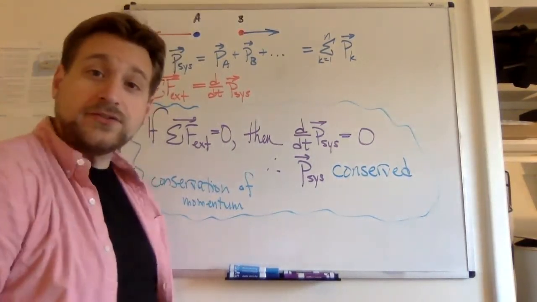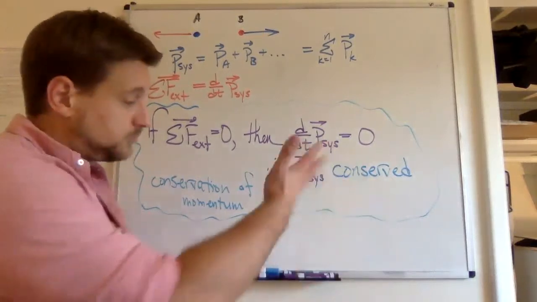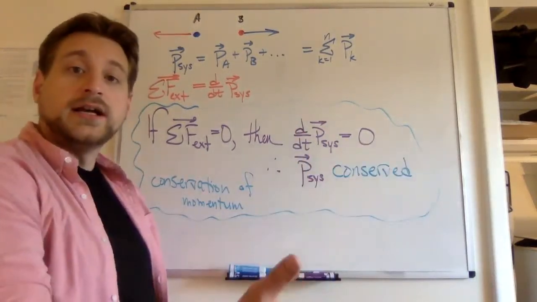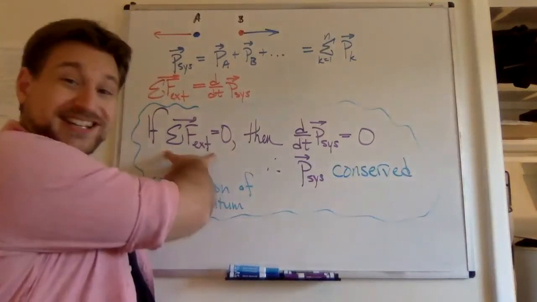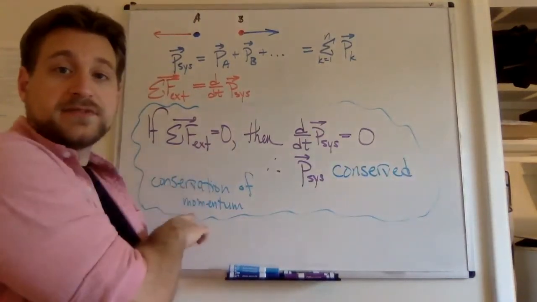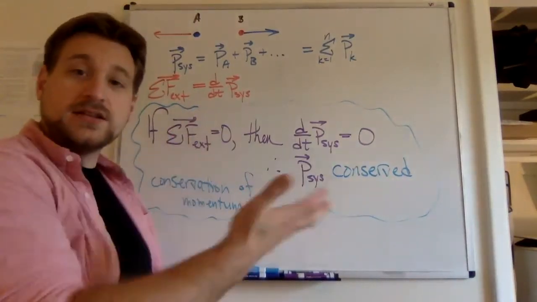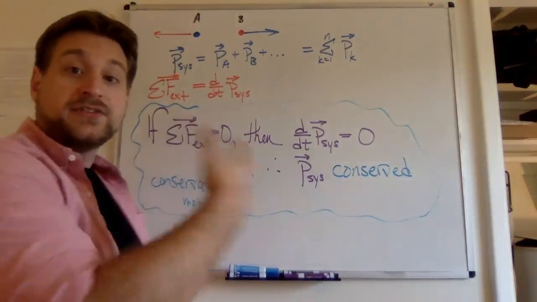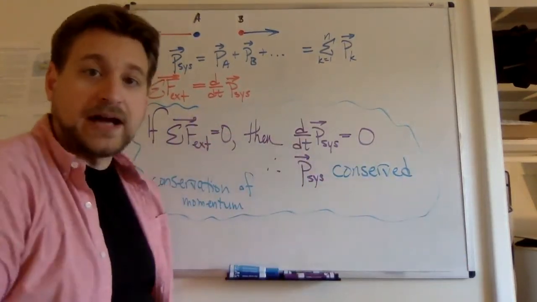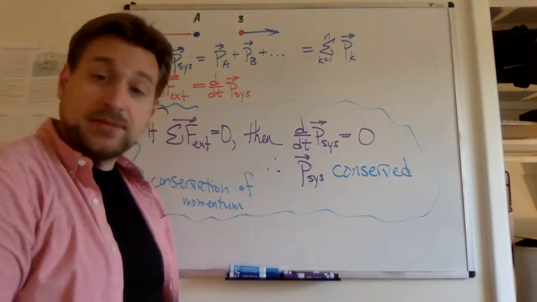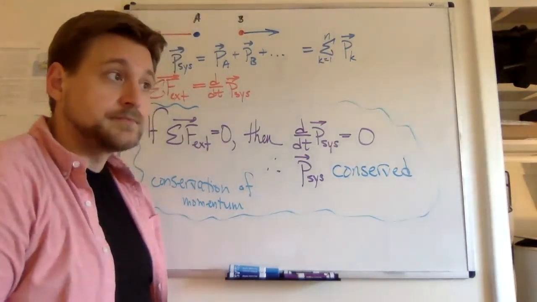Construct scenarios where we have some event and we can talk about it before and after. And if we can show that the condition for momentum conservation is met, then we can use this principle to say something, to be analytical about that scenario, maybe in a way that we couldn't before.